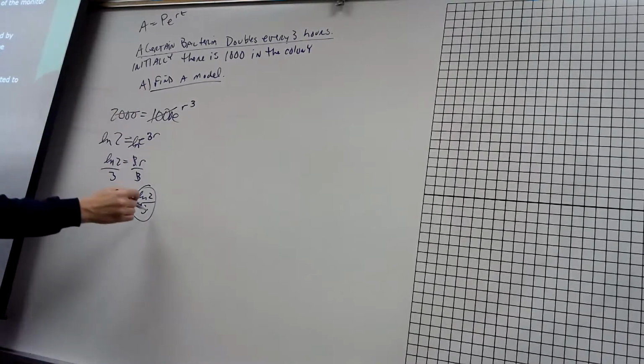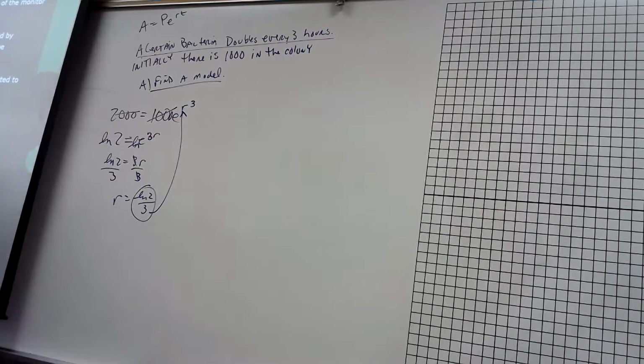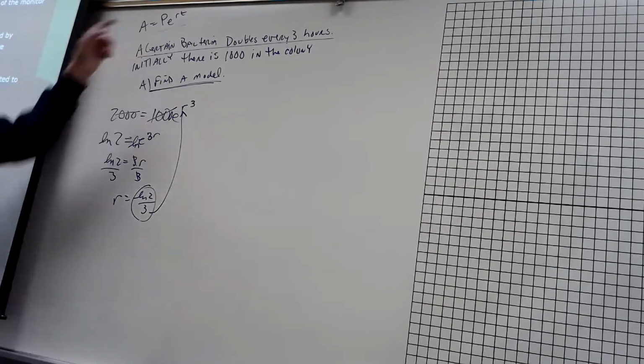So if we find a model, and this is now my rate, and I want to find how many bacteria I have at any certain time t, what do I do, Fidencio? Can you repeat the question, sorry? I want to find a model, kind of like this, as a function of any time t. And this is the rate. So what's the model? Do you need a hint? Yeah. It's going to look like that.